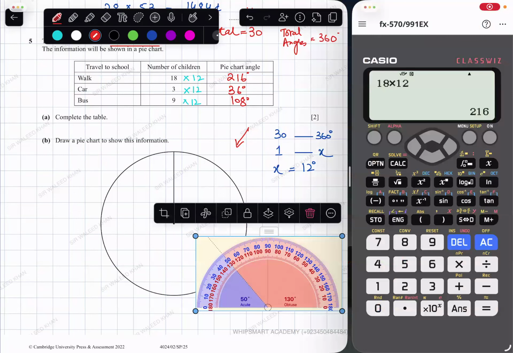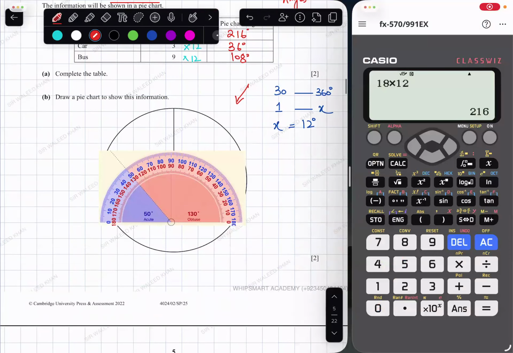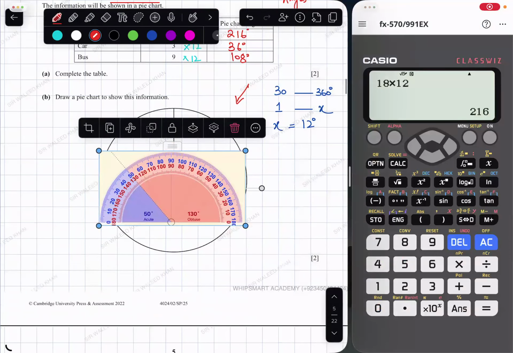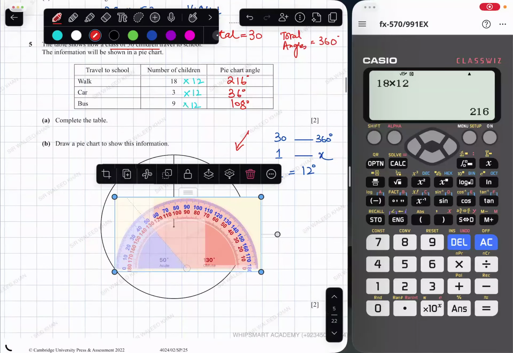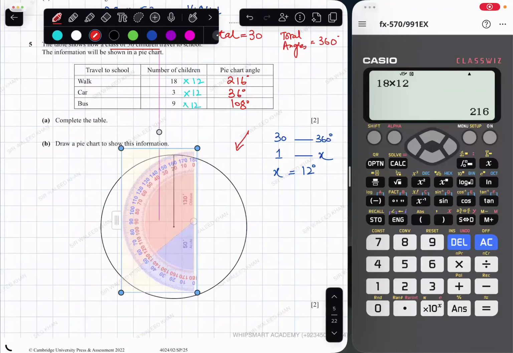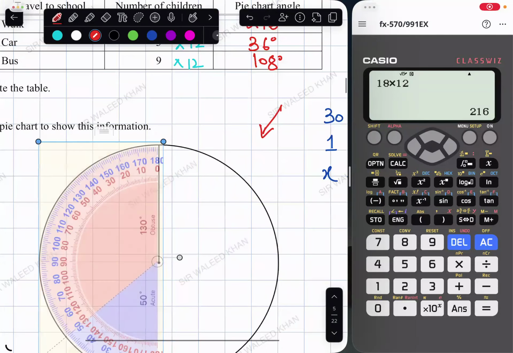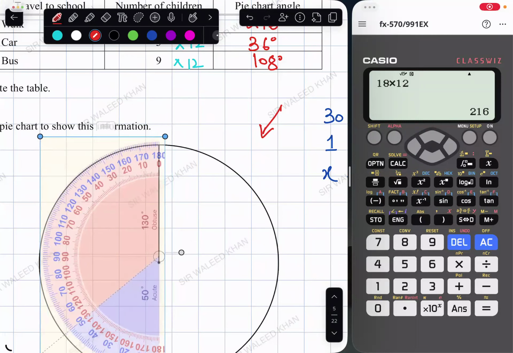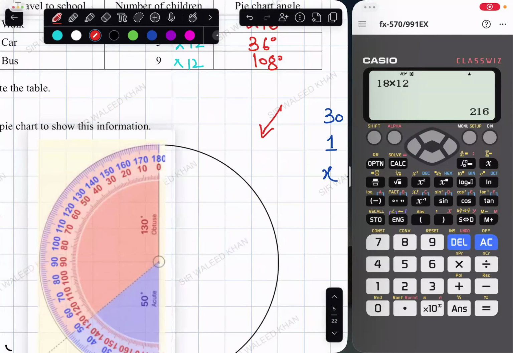So over here, if I have to mark, the rest of you who are done with the working can move on. Right. So 216, what I can do is place the protractor like this. Place your protractor so that it is aligned with the center like this.